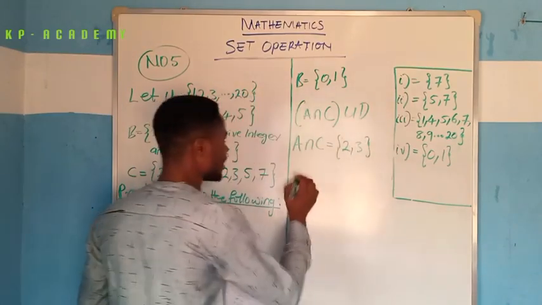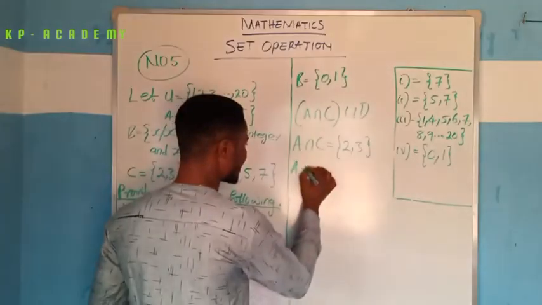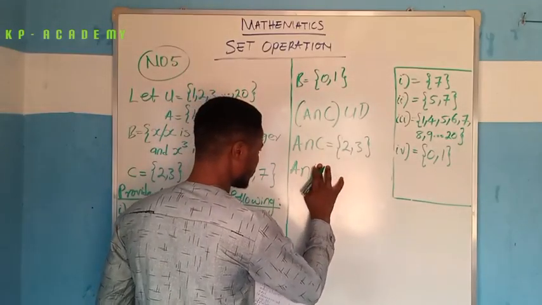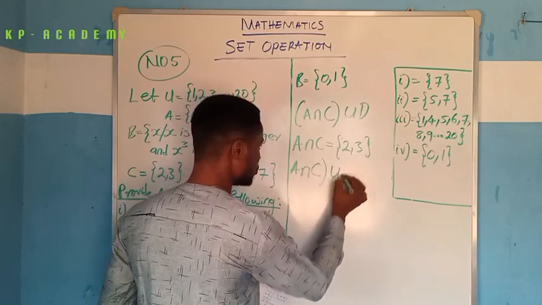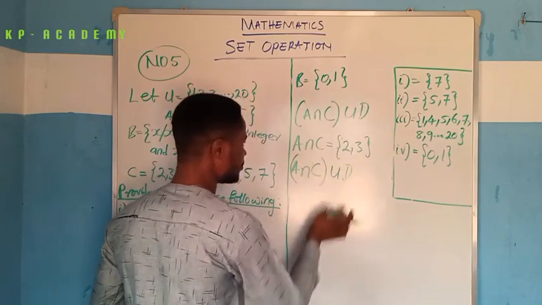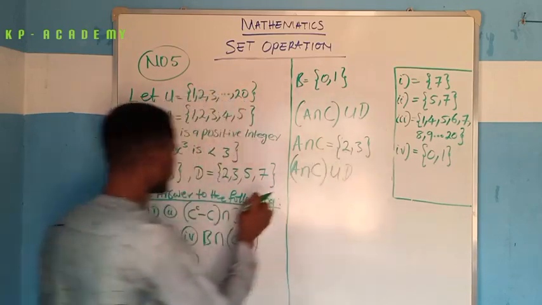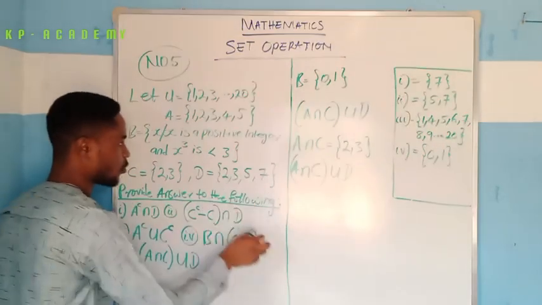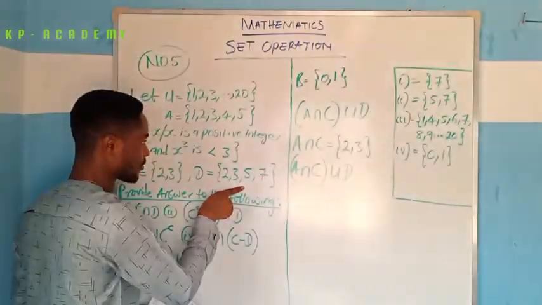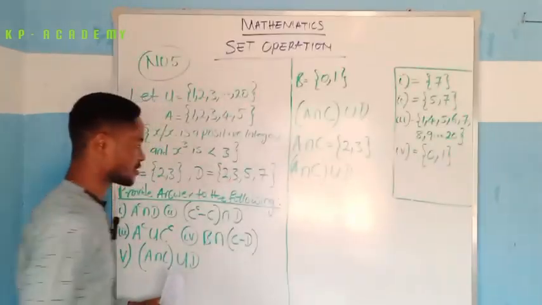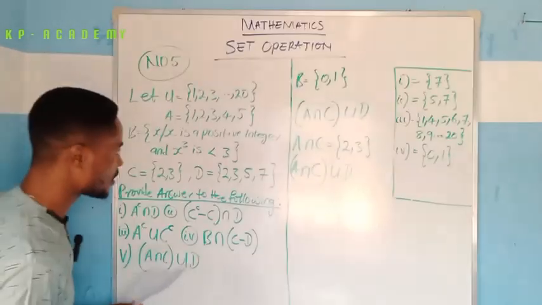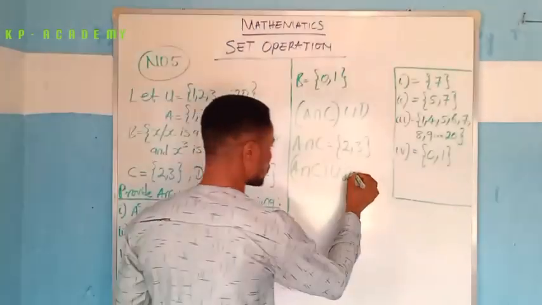Very important. Therefore, A intersection C union D will now be this set plus this set. Write out all the elements of set D and set A intersection C, but do not repeat any that occurs twice.